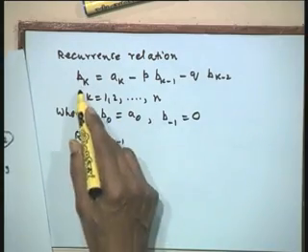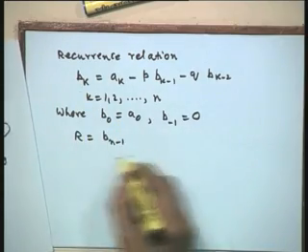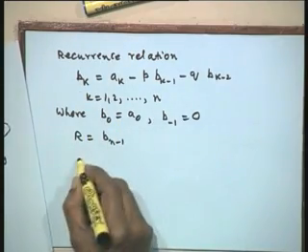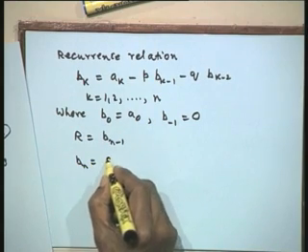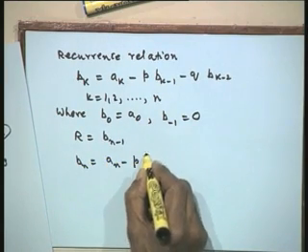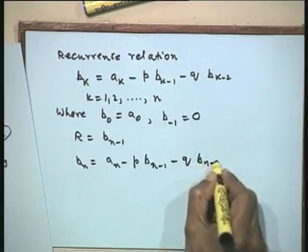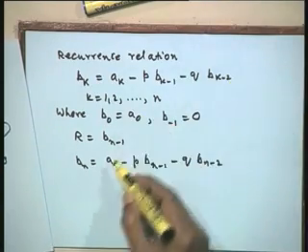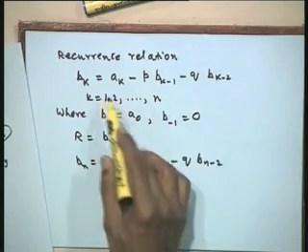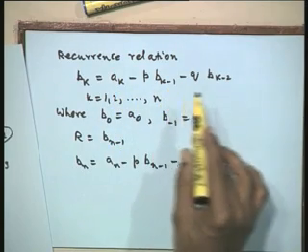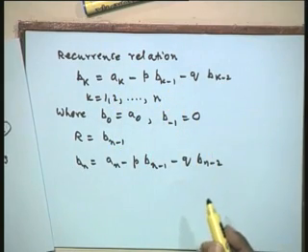Now, let us set b n. b n will be equal to a n minus p b n minus 1 minus q b n minus 2. I am setting k is equal to n, so that I have b n, a n, b n minus 1, b n minus 2.